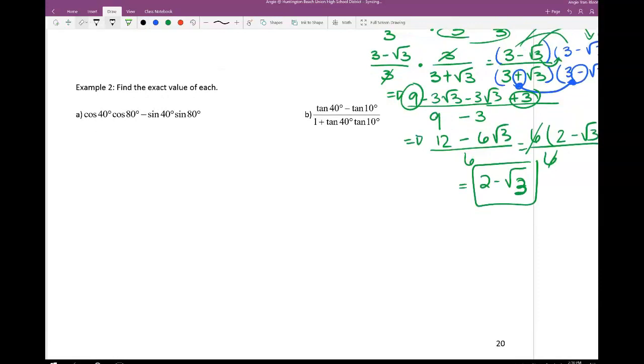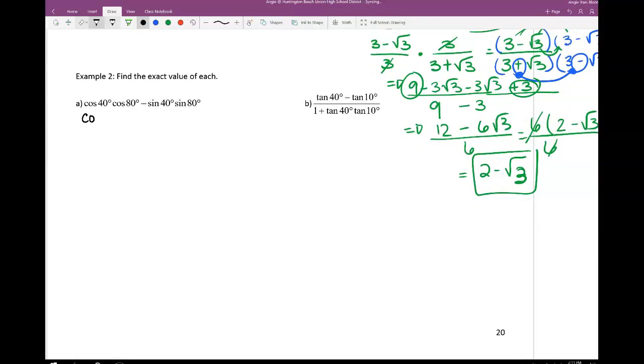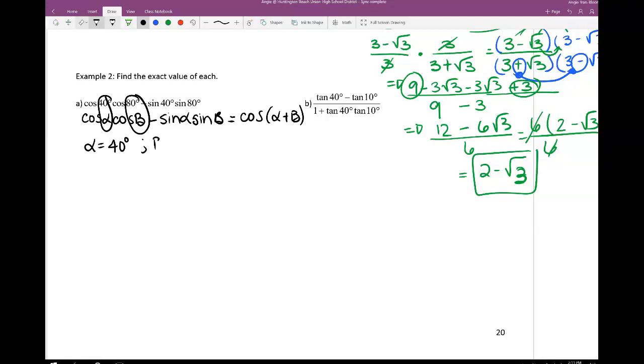Here we go. We are now going to go backwards, okay? Cosine of alpha, this is the identity that we wrote above, times cosine of beta minus sine of alpha times sine of beta. According to the identity, this is a sum of cosine, okay? So what does that mean? It means that alpha is 40 degrees and beta is 80 degrees.